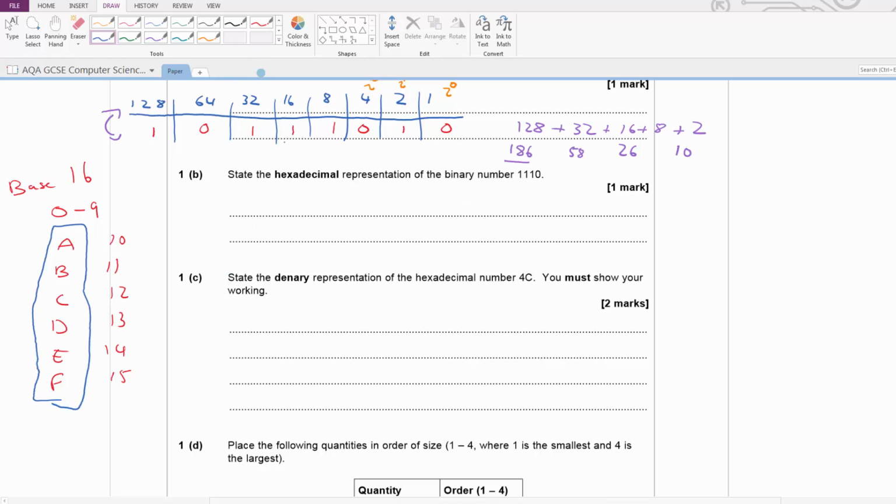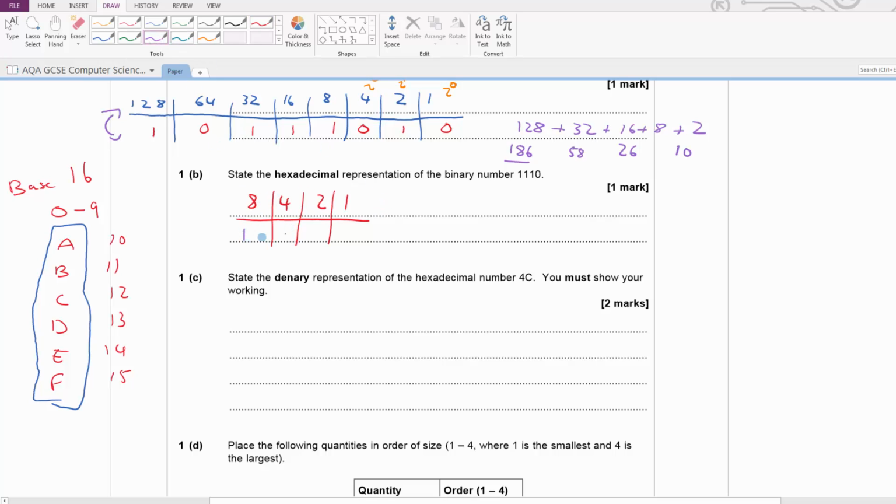Okay, so again, similar kind of method, except we have to basically convert to denary before converting to hexadecimal. So again, we only have 4 bits here, so we have 1, 2, 4, and 8. These are our column headings. And then we can write a number in. Let's do it in a different colour.